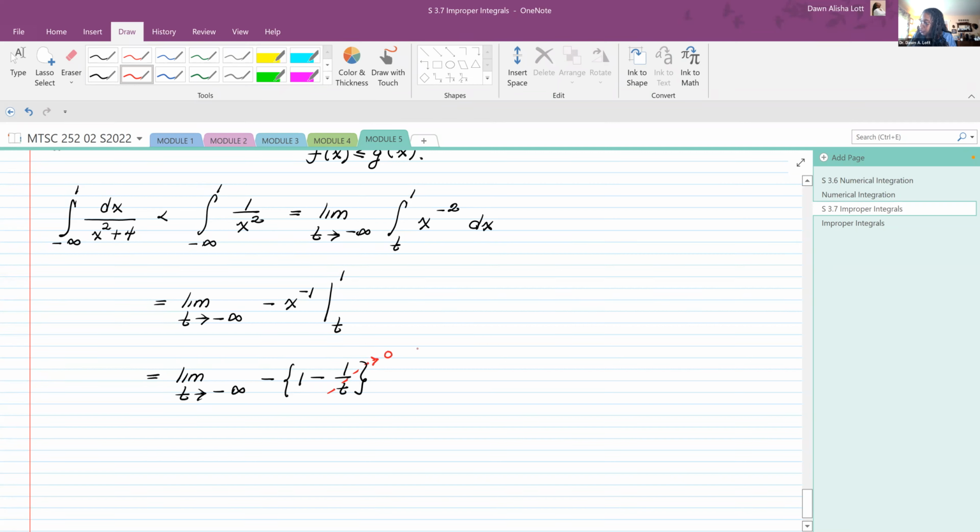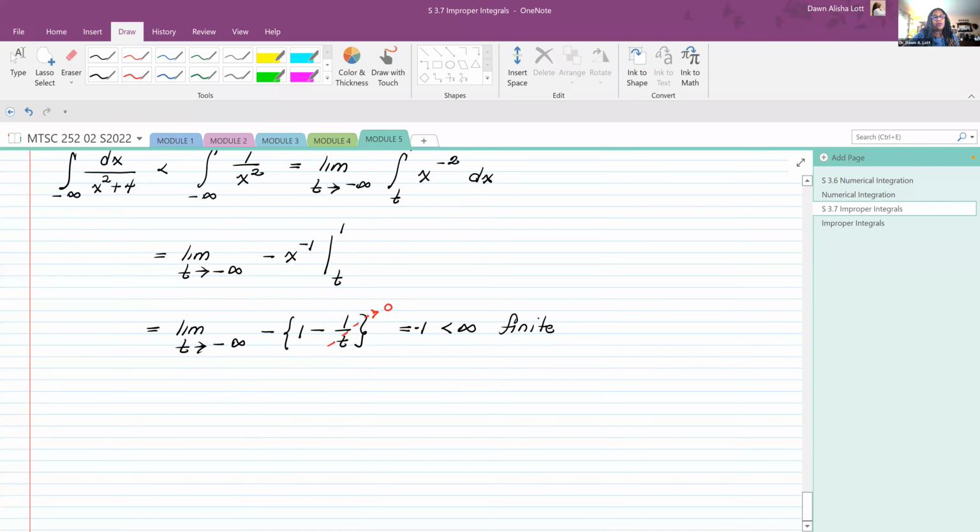That term also goes to 0. So this whole thing goes to -1, and it is finite. So the integral converges.